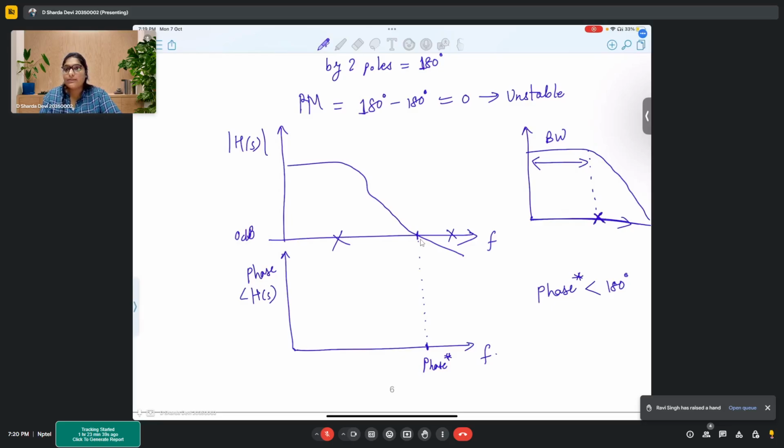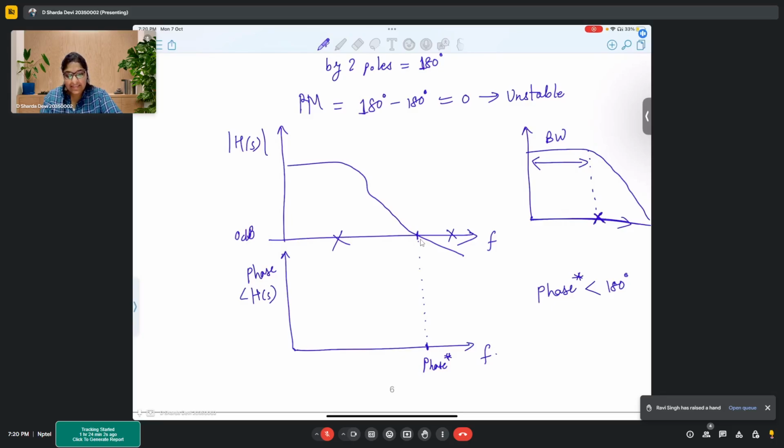Yes. So that means as the number of poles increases, we are going towards instability, right? Yes. The range at which your system is stable reduces with increasing number of poles.